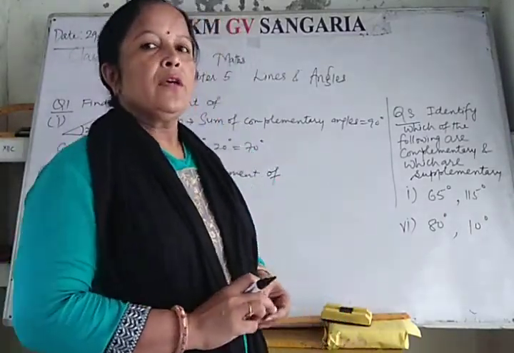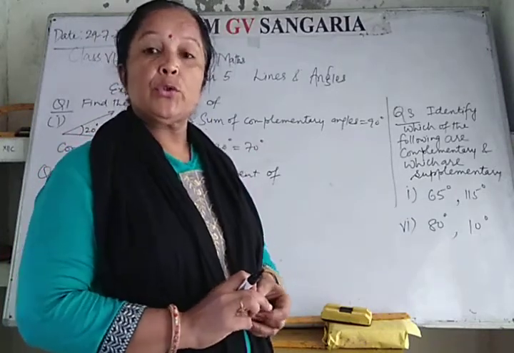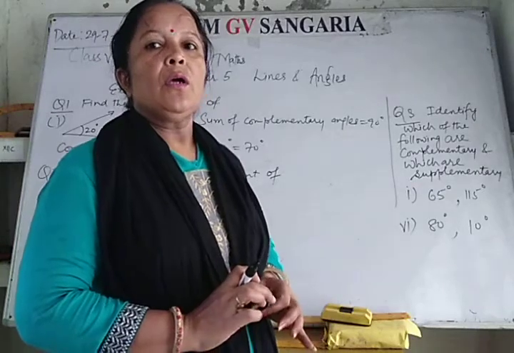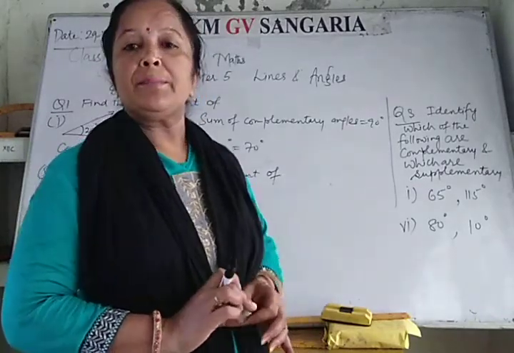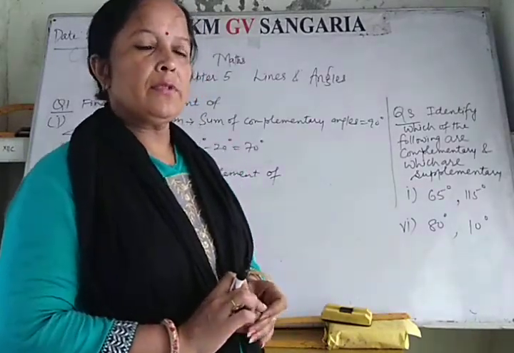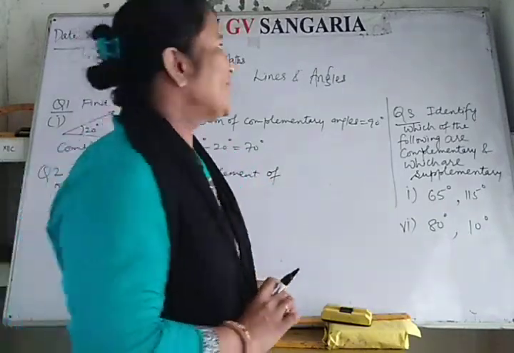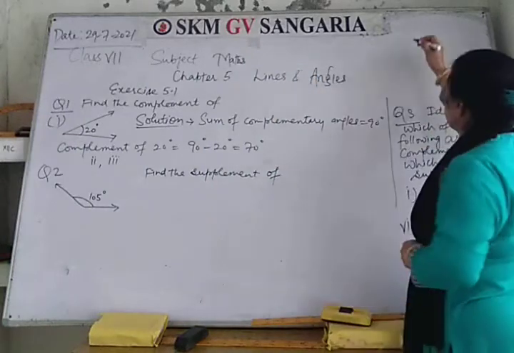In my previous video, I also taught you workbook questions on complementary and supplementary angles based problems, and about ray and line segment. So our topic is the same today.